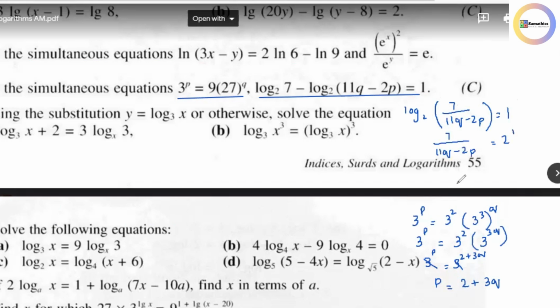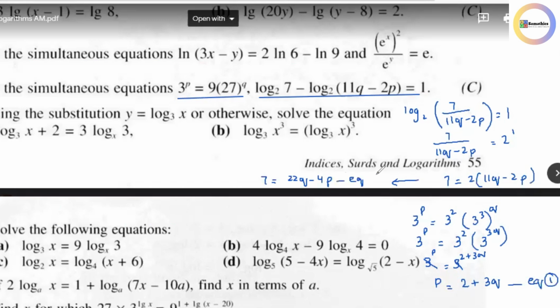Then 7 is equal to 2 into (11q minus 2p), so we will have the equation 7 is equal to 22q minus 4.